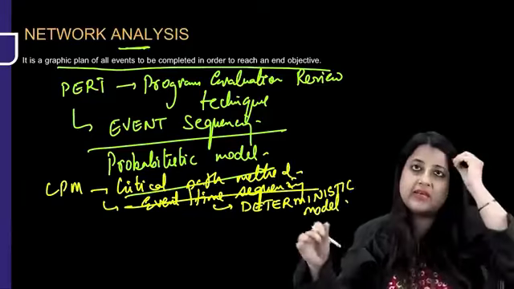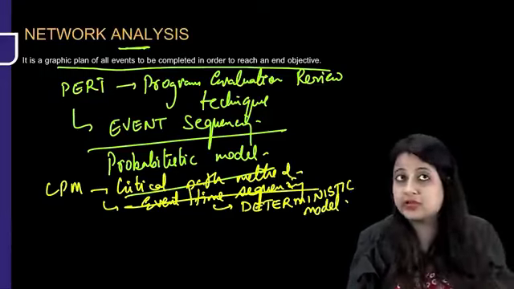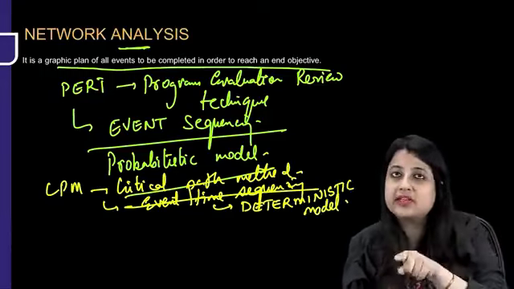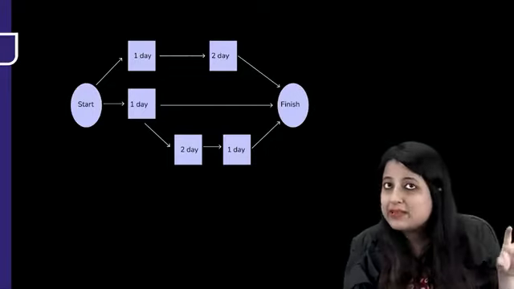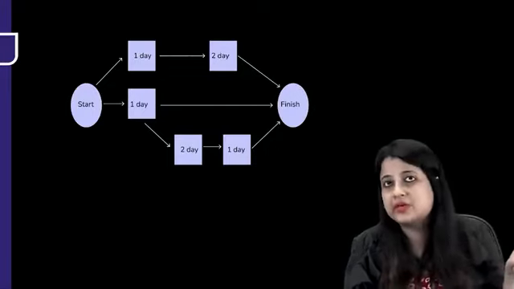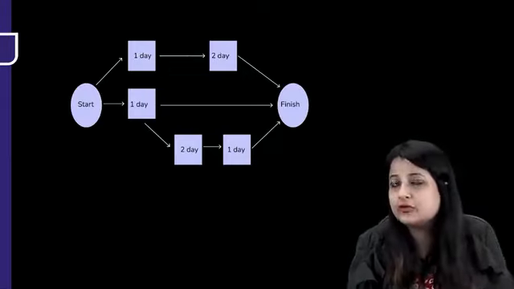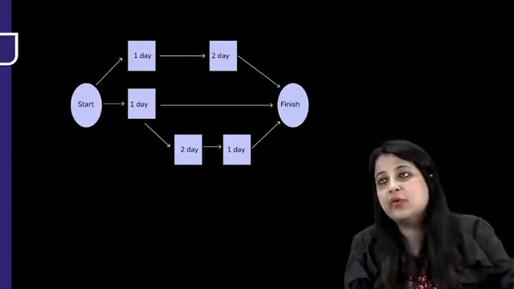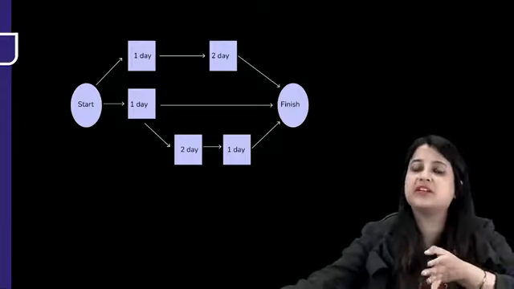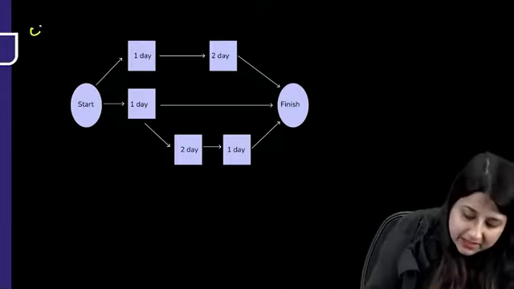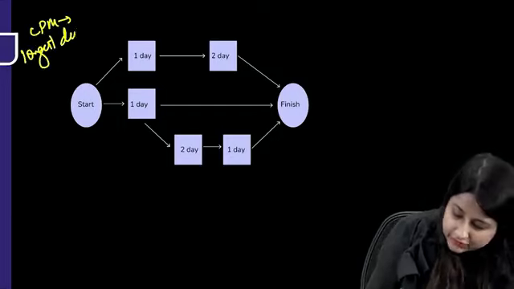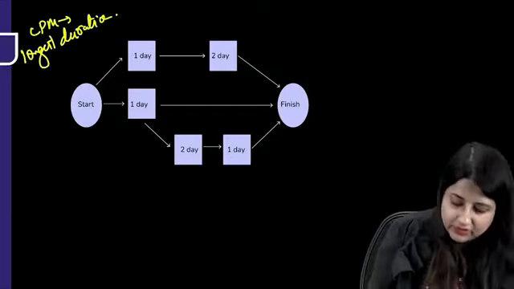Each activity is going to take how much time, so I'm accordingly going to find out which path is going to take the longest time. That longest path is the critical path method, and I need to find out the longest time so that I can start that activity earlier and achieve my objectives on time, okay. So remember, CPM is of the longest duration.